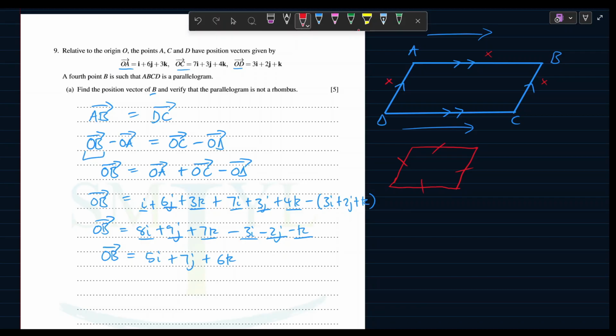So I could either use BC or AD. It would be the same argument. So I just have to prove that these two adjacent sides are not equal to each other. So what we need to prove is that the magnitude of AB is not equal to the magnitude of AD. If it is equal, it means we've got a rhombus.